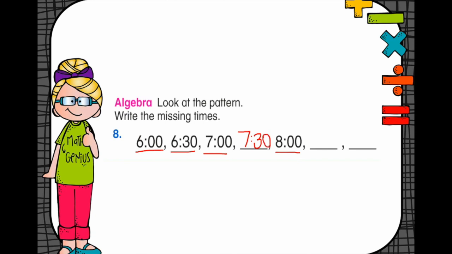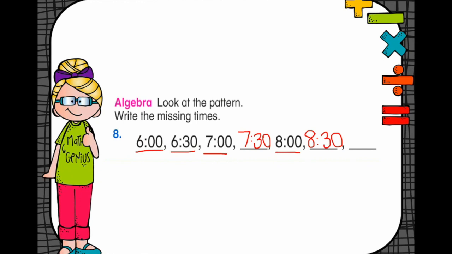Let's continue. We were at 7:30, then it goes to 8 o'clock. Then after 8 o'clock, we need to go a half hour into the 8 o'clock hour. So it's still within the 8 o'clock hour, but I still need to go a half hour to continue my pattern. So it's not just going to be 8, it's going to be 8:30.